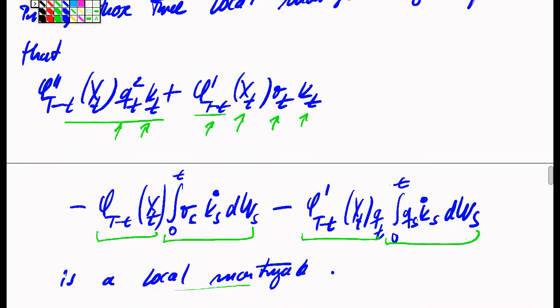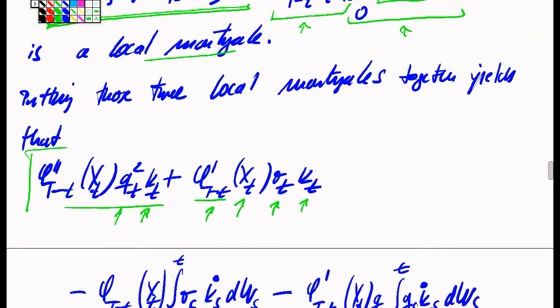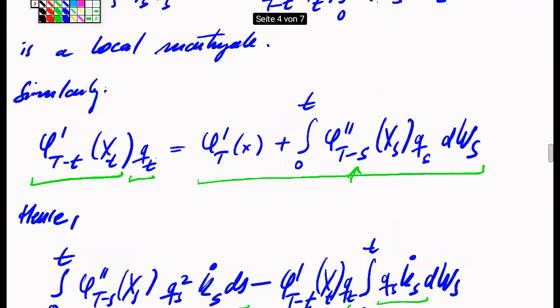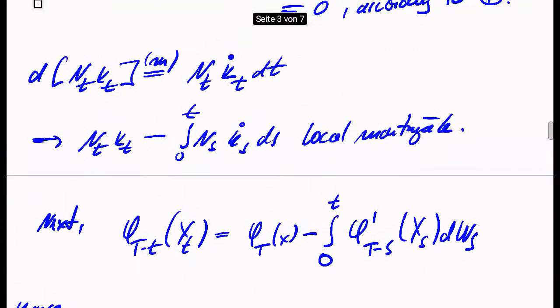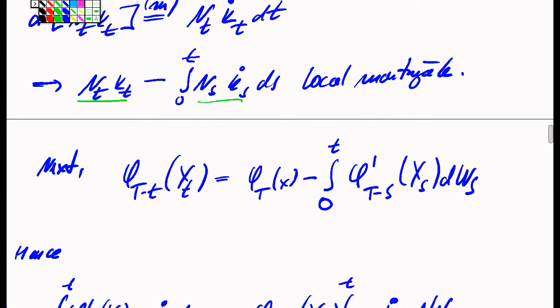Well, why is this a consequence of what we did before? If we look at the sum of these two parts, the first part here inside this box is the product of nt and kt, which was appearing somewhere on the page before. We know that nt, kt as a process is a martingale if we subtract this integral.